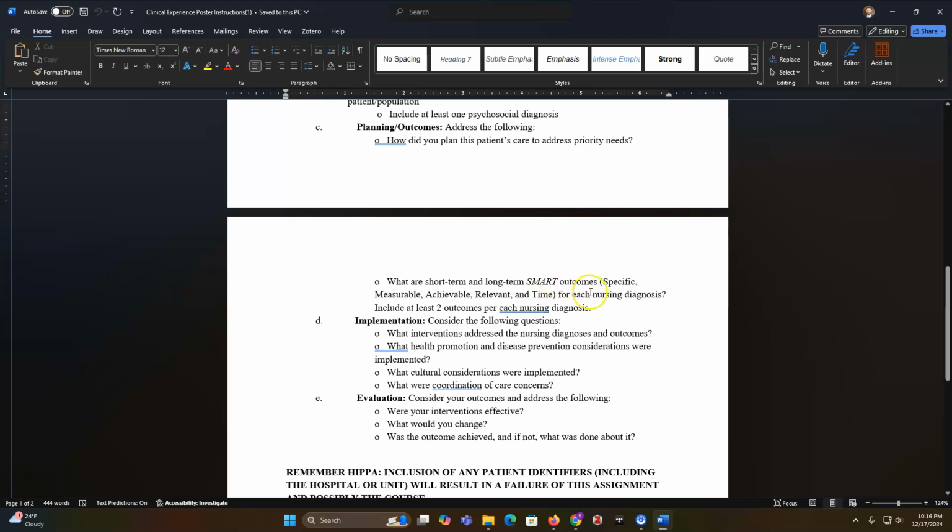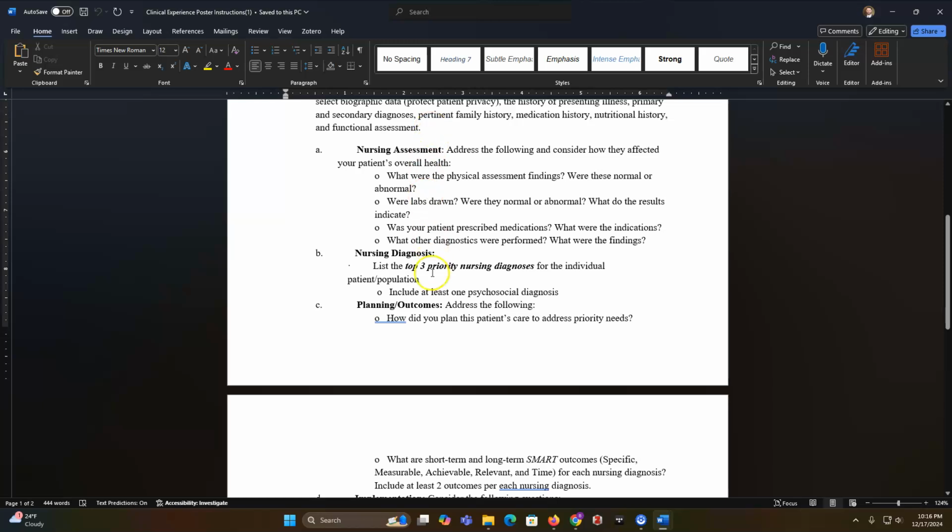Your goals are going to vary depending on your patient, and I can't come up with every exact situation, but realize you should have a mixture of short-term goals and long-term goals. And while you need to have at least 2 outcomes for each nursing diagnosis, so this is a total of 6, it might not be a bad thing to have 1 short-term goal and 1 long-term goal related to your nursing diagnoses.